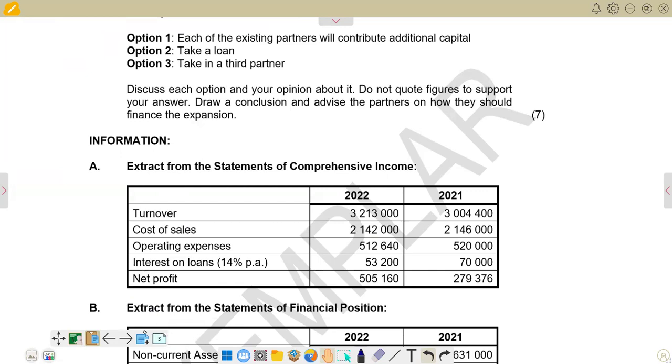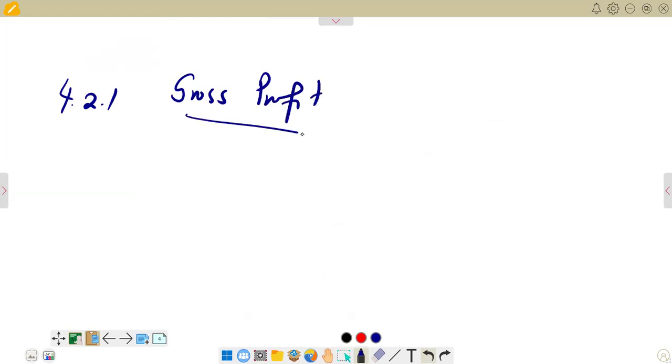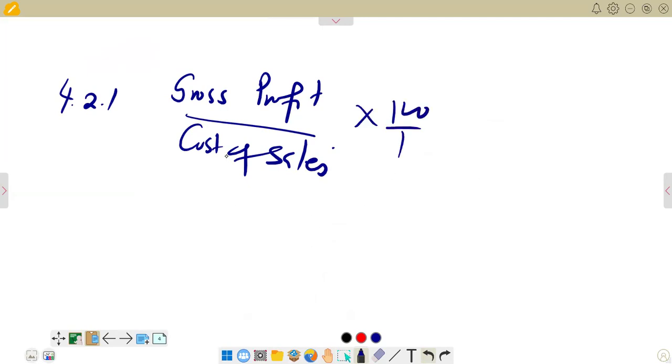Remember, first of all, we have to put down the formula. For 4.2.1, the formula that we are going to use is gross profit over cost of sales, multiplied by 100 over 1, so we leave it as a percentage.